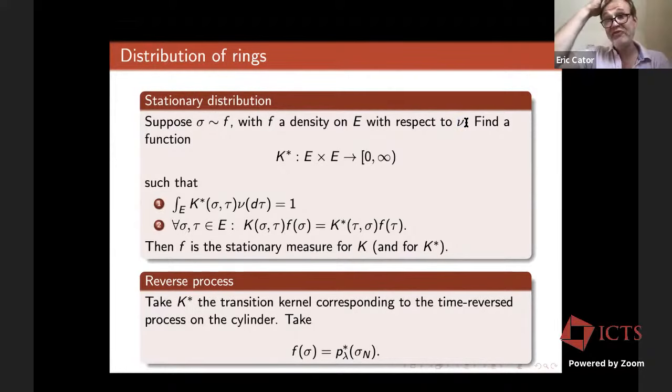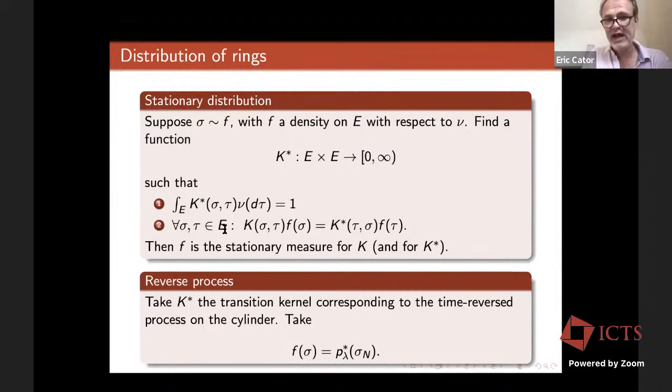Now, if I can find a function k star with the following properties: the integral of k star sigma tau nu d tau is 1. This just says that k star is a transition kernel. It's the probability starting with sigma to end up in tau, or rather the likelihood of ending up in tau for some process. We're not sure yet which one. But the fact that this integral equals 1 ensures that k star is a transition kernel.